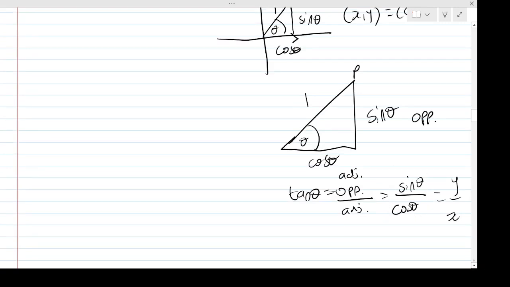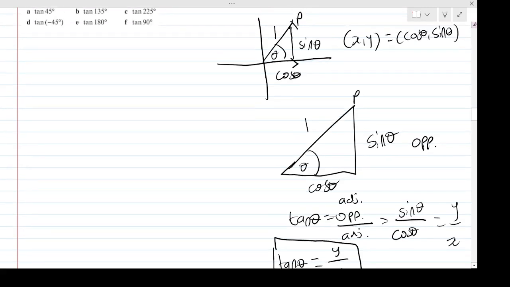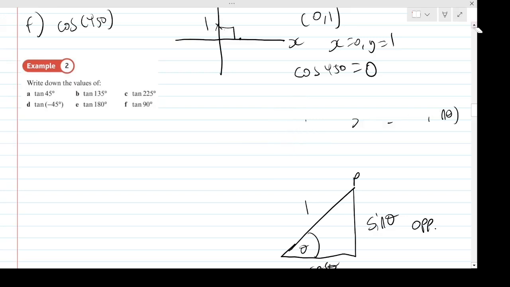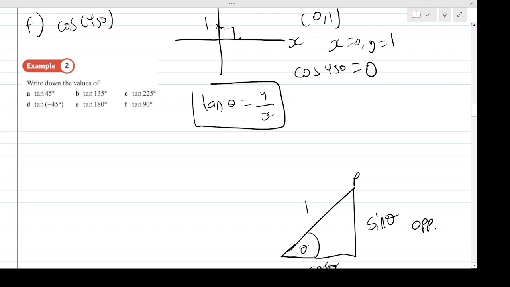We can also find tan theta by just doing the y coordinate over the x coordinate, and we know how to find those two coordinates by considering the angles like we did in the other example. But anyway, I'm going to highlight that to make room. So we know that tan theta is the y coordinate over the x coordinate for any point P there.